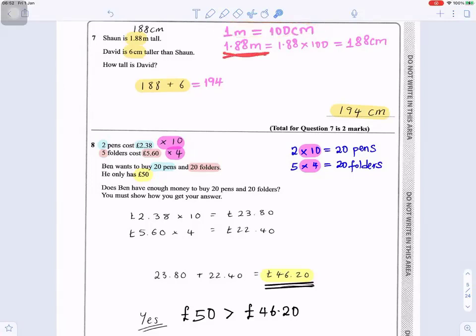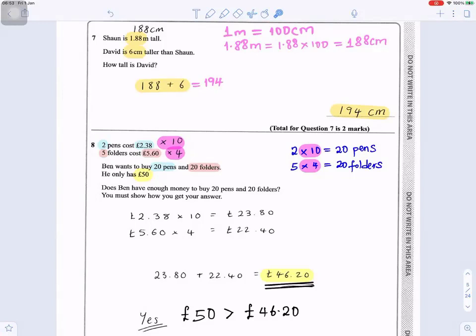So 1.88 meters is 1.88 times 100, which gives you 188 centimeters. So we have to make them in the same units, in centimeters: 6 centimeters and 188 centimeters. Then we can add them up. 188 plus 6 gives you 194 centimeters.